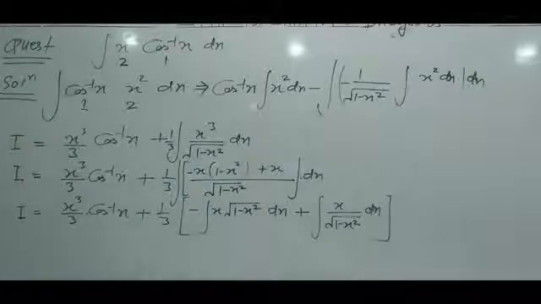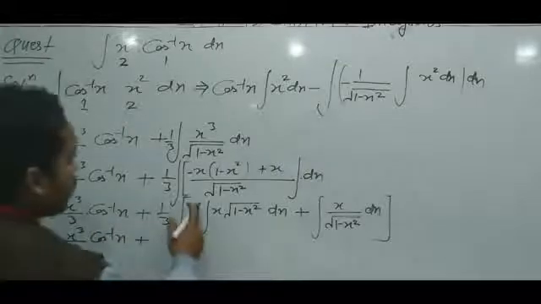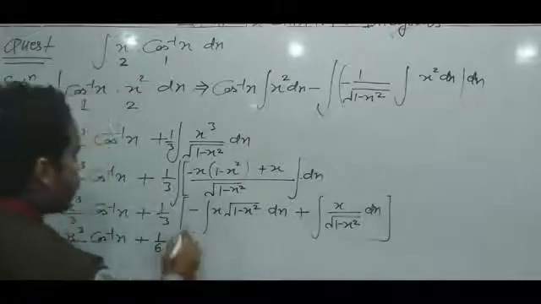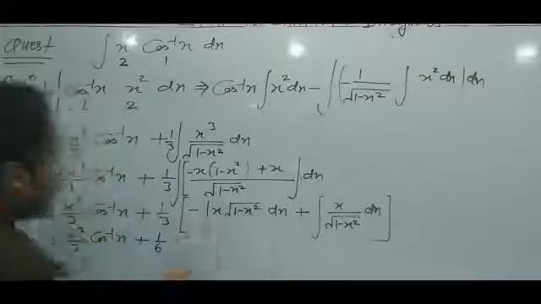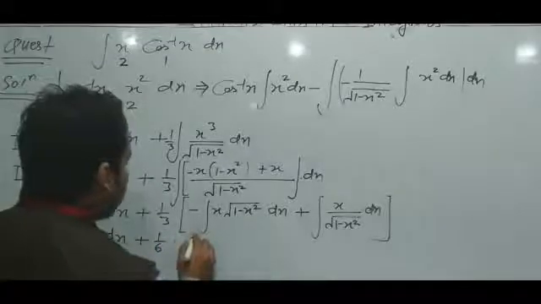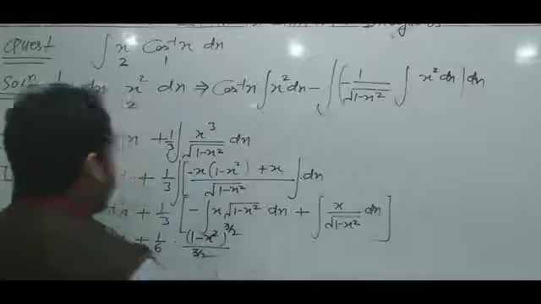Now the result we can write: x cube by 3 cos inverse x, and minus minus gives plus 1 by 6, t to the power 3 by 2, so 1 by 6 into 1 minus x square to the whole power 3 by 2 whole upon 3 by 2.